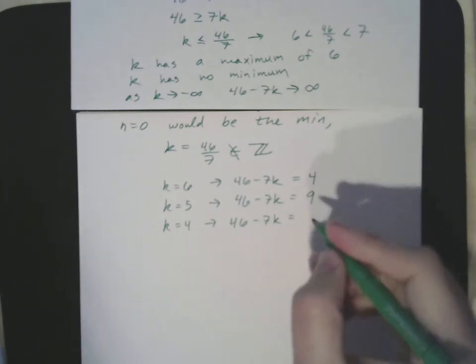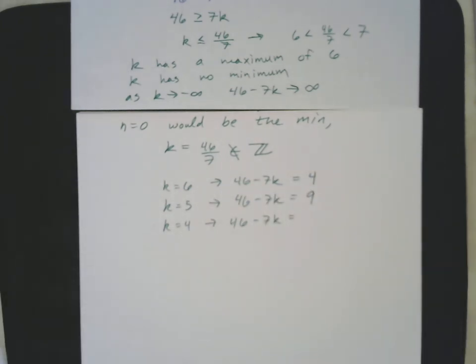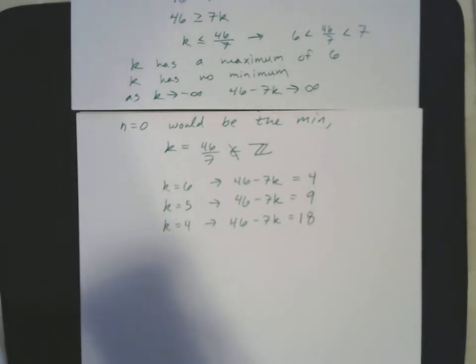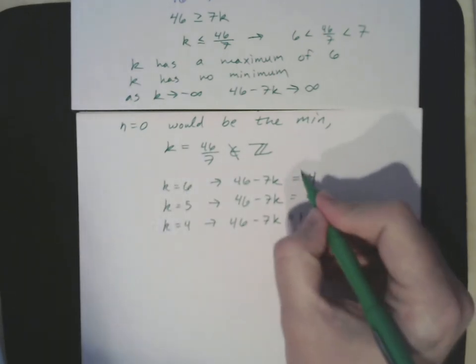Excuse me. I can't do simple math in my head for some reason right now. My brain hurts for some reason. So we're getting bigger, but this is as large as k can get. So this becomes the least element.